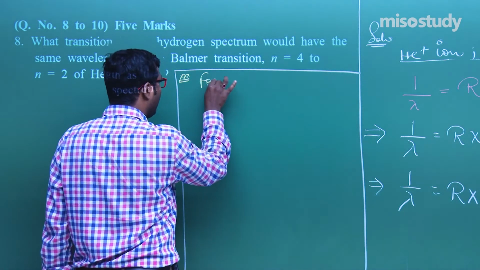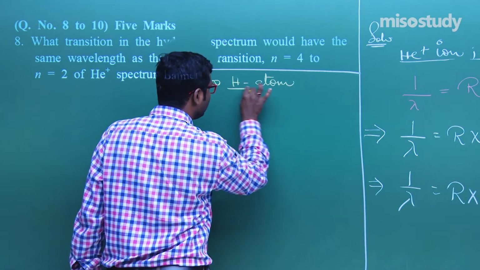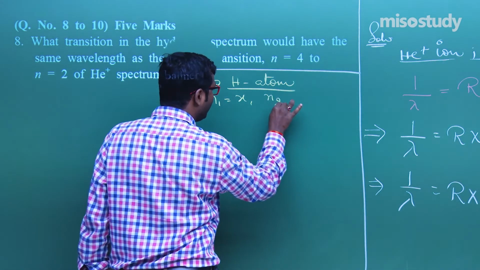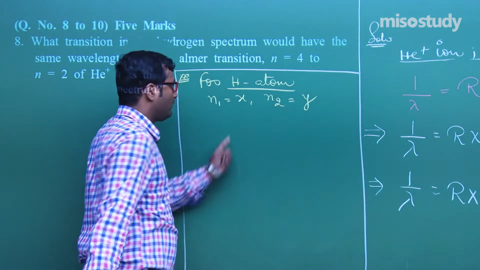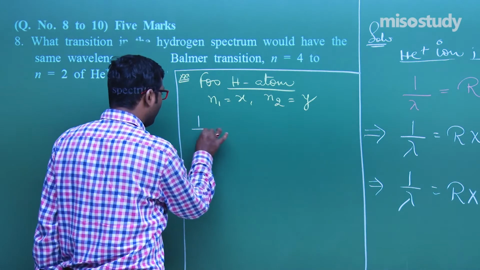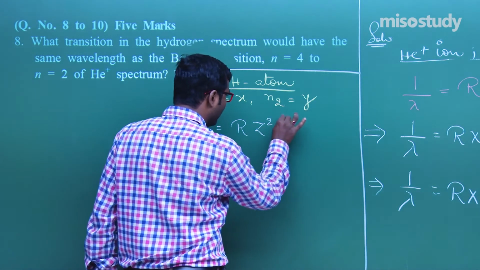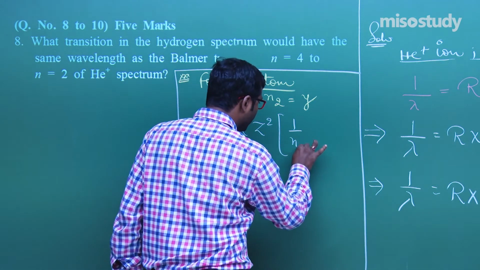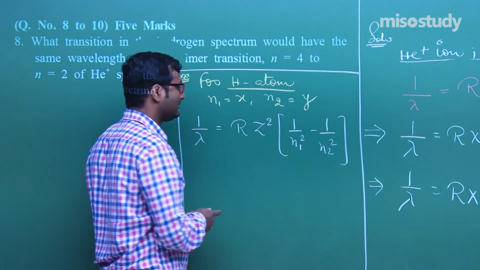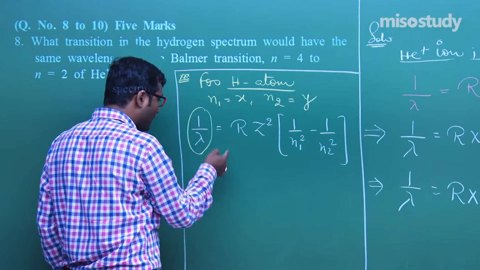That is, for hydrogen atom, let the transition be n1 is equal to X and n2 is equal to Y, and we need to find the value of X and Y. Put here 1 upon lambda is equal to RZ square into 1 upon n1 square minus 1 upon n2 square. Am I right? Yes.